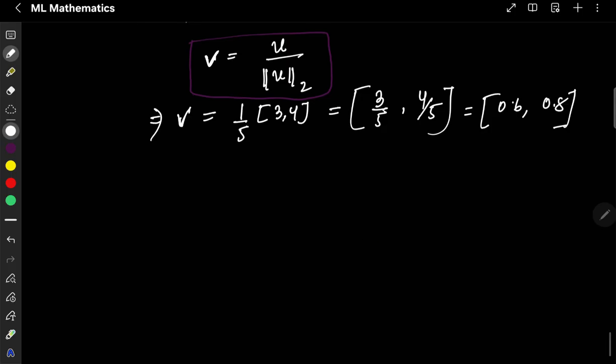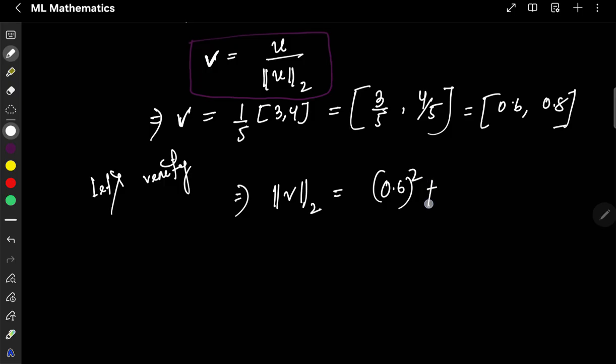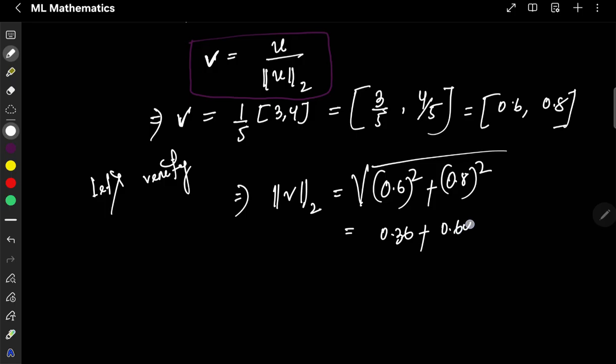Now the moment you have the values of v, what do you need to do? Let's verify it. How will we verify it? We'll verify with the same normalization concept. You find the L2 norm of the new vector v using squares: 0.36 plus 0.64, and the square root of that is 1.